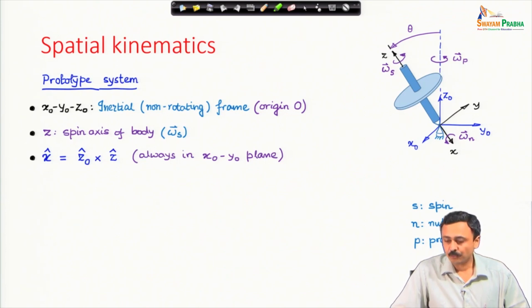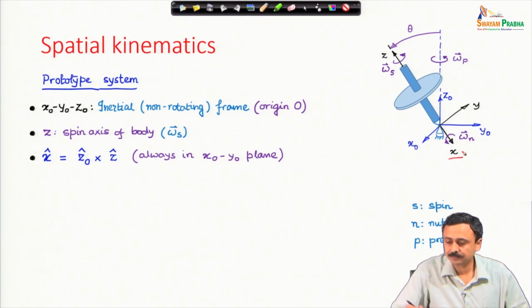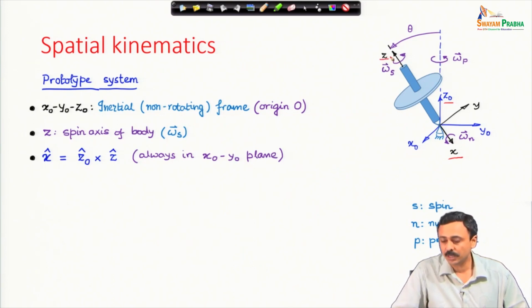The x axis is determined by the cross product of the z naught axis and the z axis. This is the z naught axis and this is the z axis. The cross product of these two is the x axis.